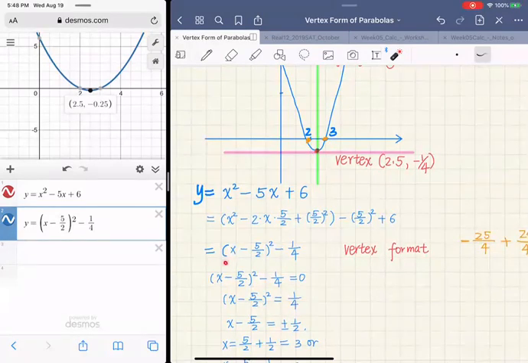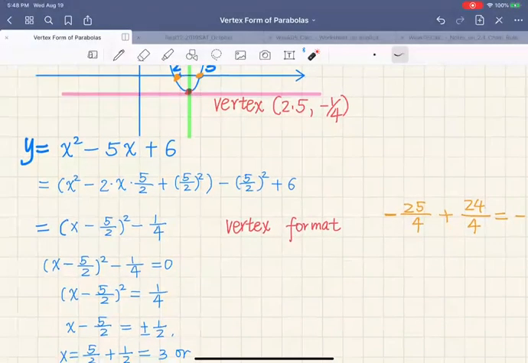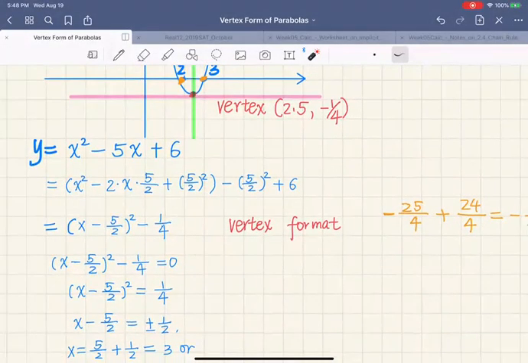Now let's do this together. Both pay attention here. This is critically important. You want to get the vertex value. You want to make the package under the square equal to 0.